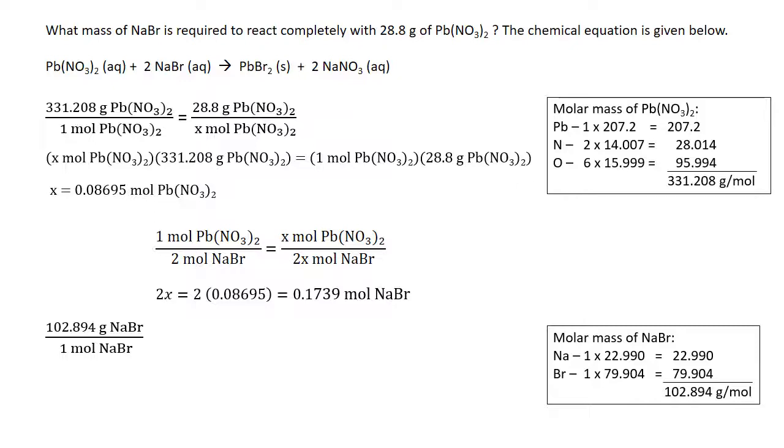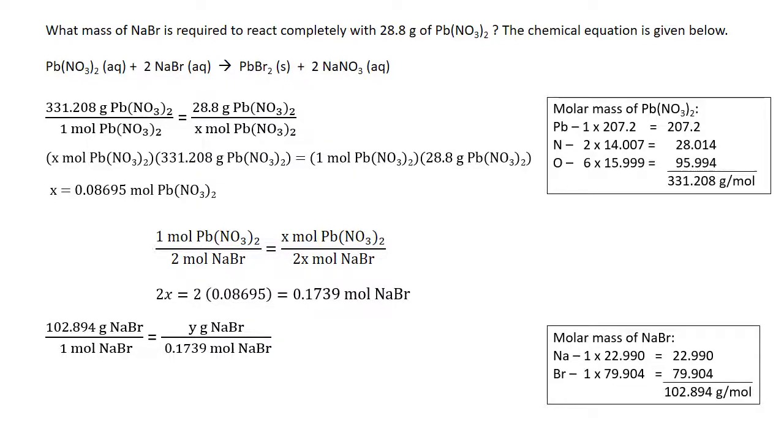Now, we don't have 1 mole of sodium bromide. We have 0.1739 moles, but we know that the simple ratio between mass and moles must hold. So we write that ratio where instead of 1 mole, we have 0.1739, and that gives us an unknown amount of grams of sodium bromide, but the ratio must be the same. The proportionality has to be maintained.